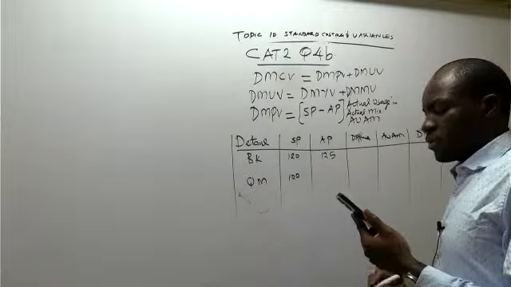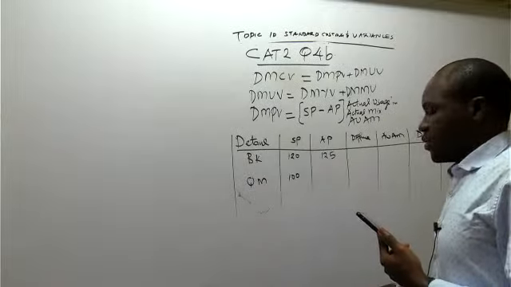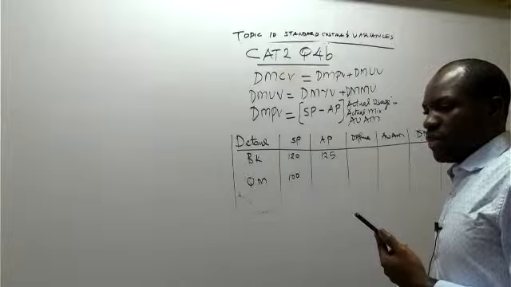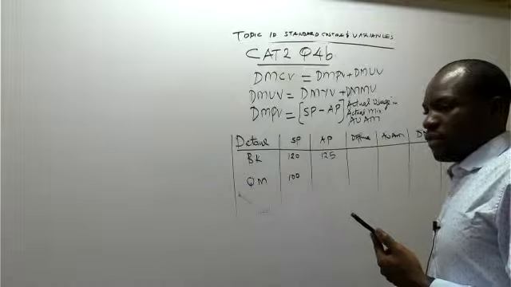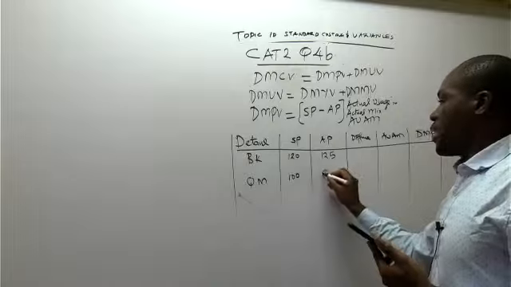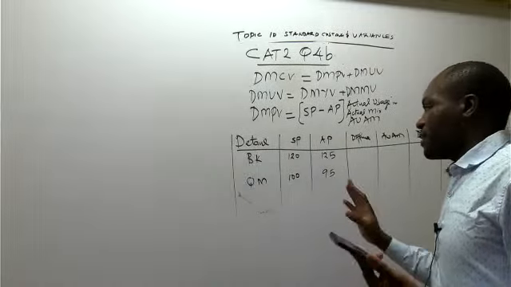Okay, the other one, 152,000 divided by 1,600. What do we get? 152,000 divided by that, we get 95.